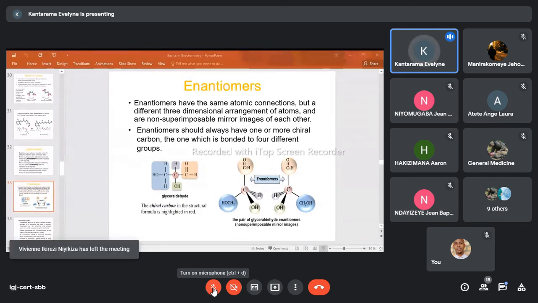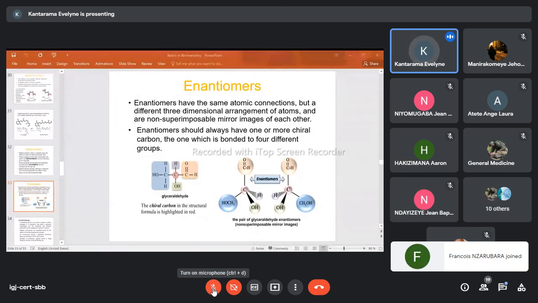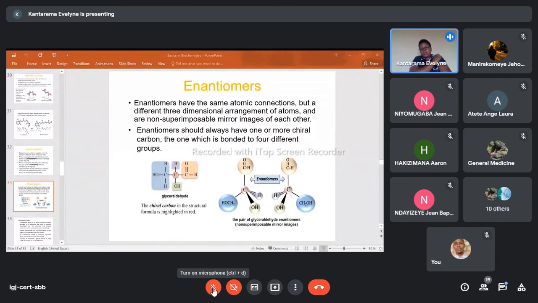A chiral carbon is this one with 4 different groups. We have hydrogen bonded to it. We have a hydroxide group. We have this group and this group. All are different. So this carbon is a chiral carbon or makes a chiral center.